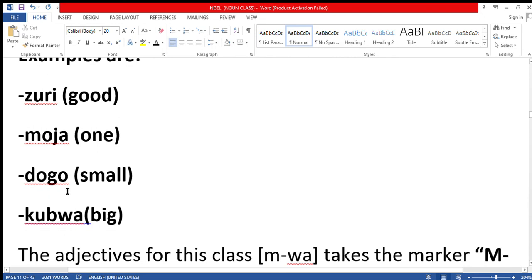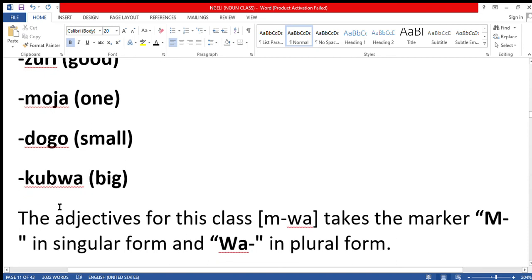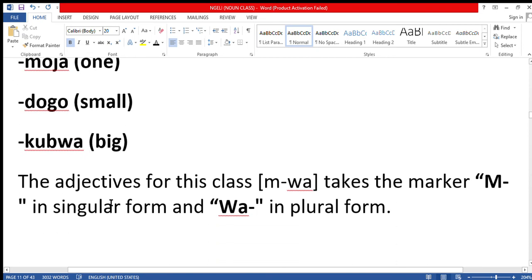Kubwa, big. There are a lot of adjectives, but we're just discussing a few of them in this lesson. The adjective for this class, that is m-wa, takes the marker m in singular form and wa in plural form.